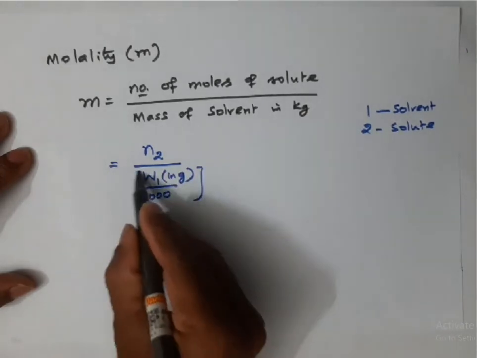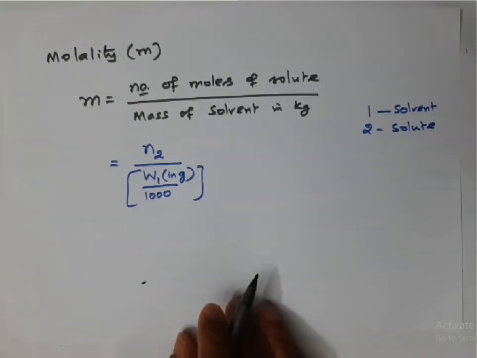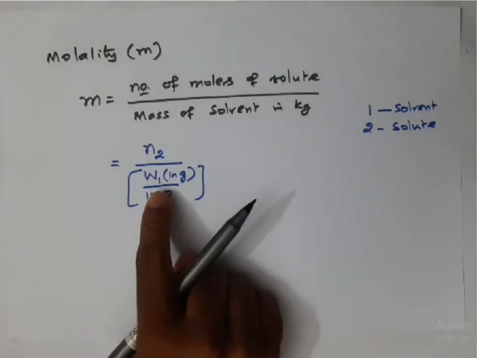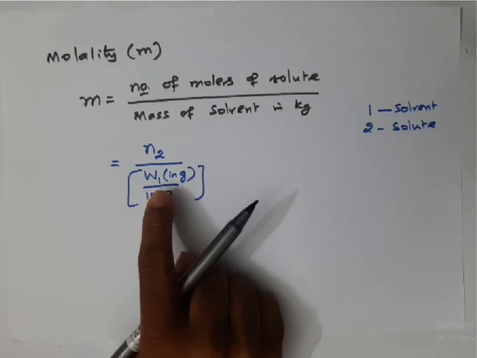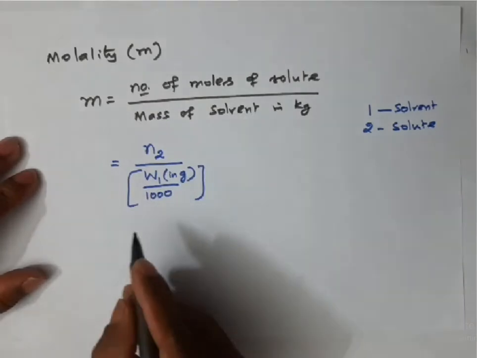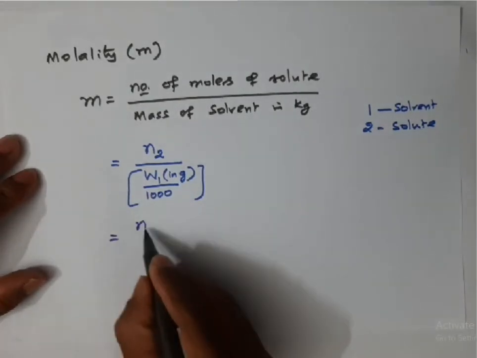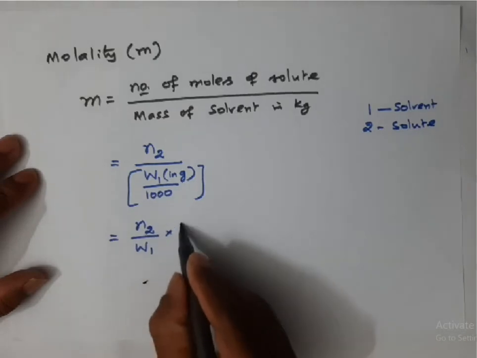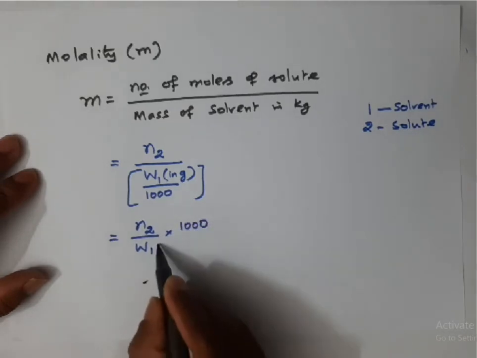Am I right, students? Is this correct? We want mass of solvent in kilogram, but usually mass of solvent is given in gram. So to convert gram into kilogram, you have to divide the value by 1000. So if I rearrange this, I'll get N2 over W1 into 1000, where mass of the solvent is in gram.